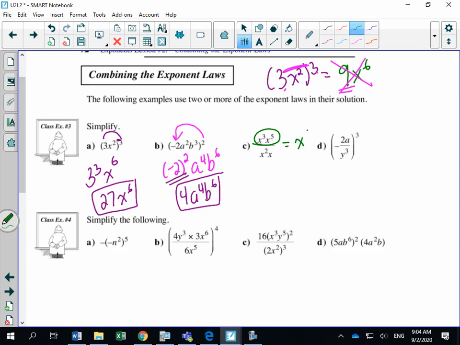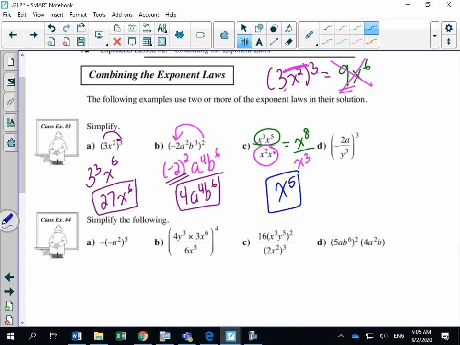That would be x to the 8. Then I'm going to take care of my denominator. X to the 2 and x to the 1 is x to the 3. Now I'm going to apply the quotient law. X to the 8 minus 3 is x to the 5. So as long as you get x to the 5 as the answer, you're doing it correctly.